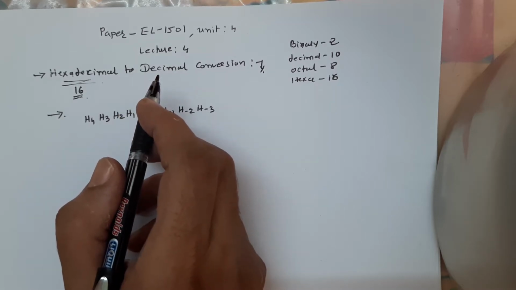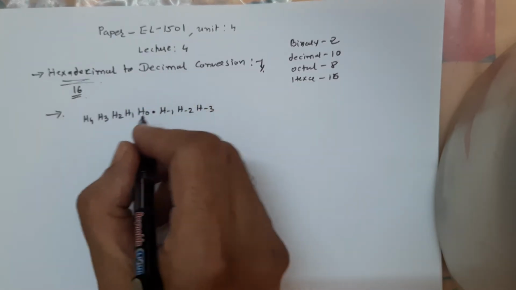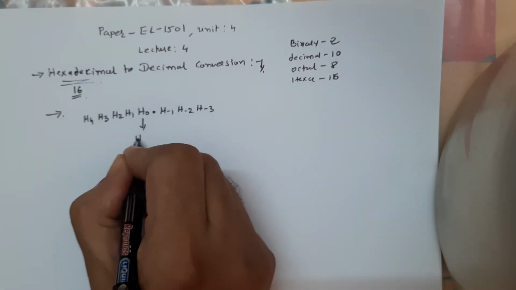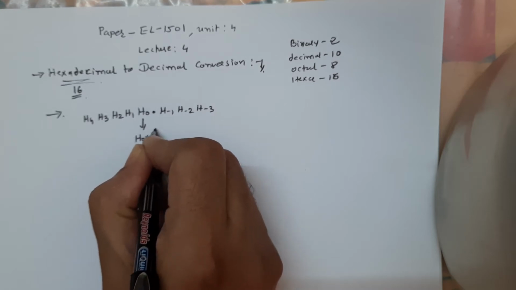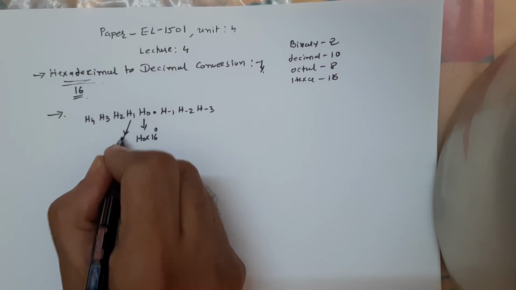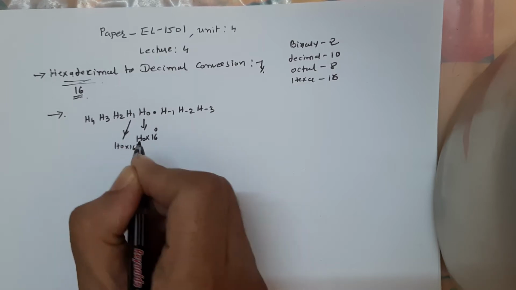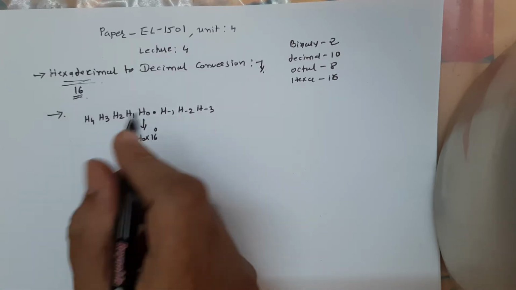Subscript 0 defines the position of the digit. The value of H0 in decimal is H0 into 16 raised to 0. H1 means H1 into 16 raised to 1 like this, right?